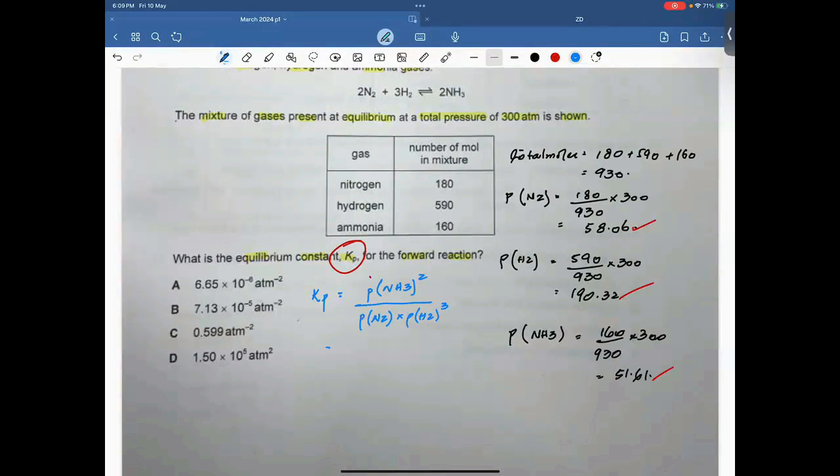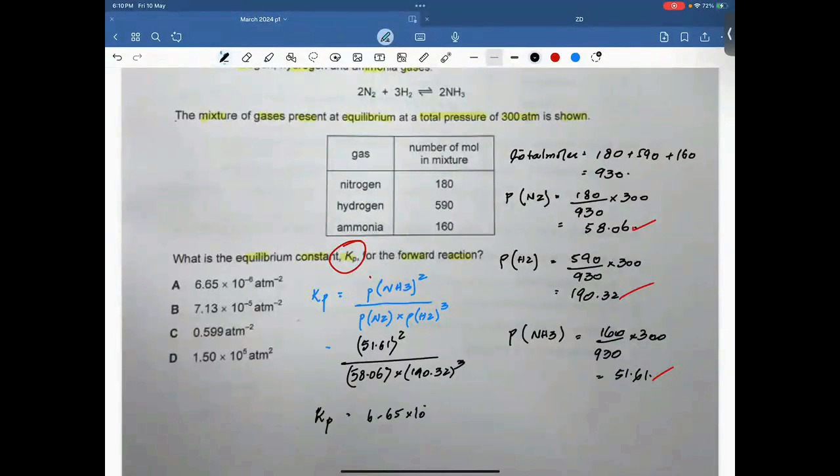Partial pressure of ammonia is 51.61, squared, over partial pressure of nitrogen, 58.06, into hydrogen, 190.32 cubed. So Kp is going to be 6.65 into 10 to the power minus 6.